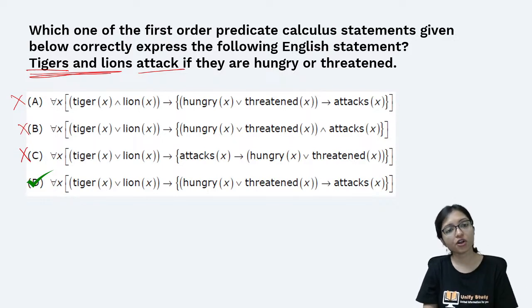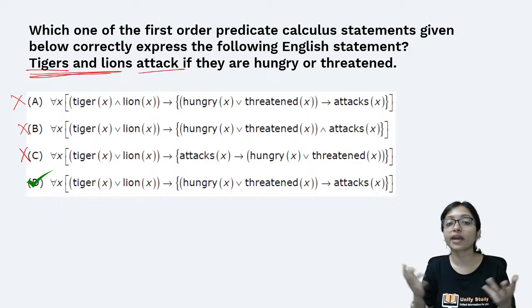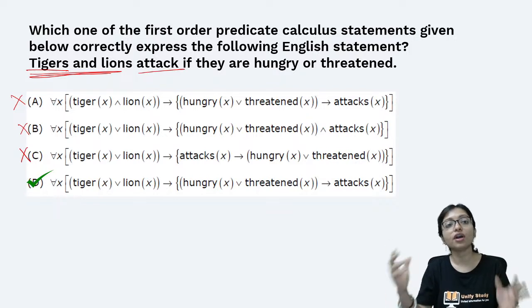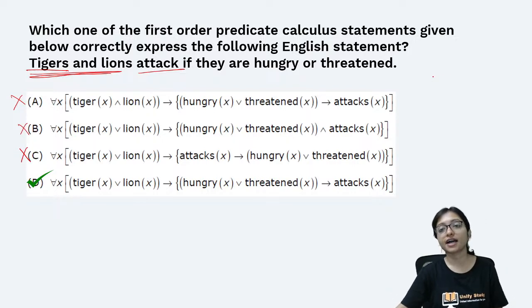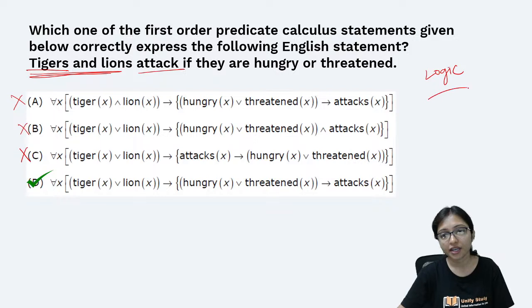The tiger can attack, the lion can also attack. It is tiger or lion. That is the inner meaning, the logic. That's why it is logic, guys. Tiger and lion attack means it is tiger or lion; either one can attack if hungry or threatened.